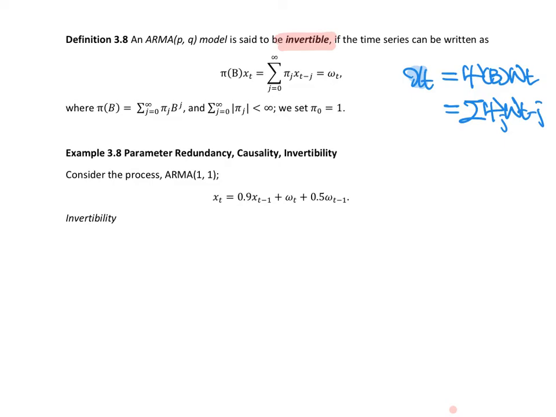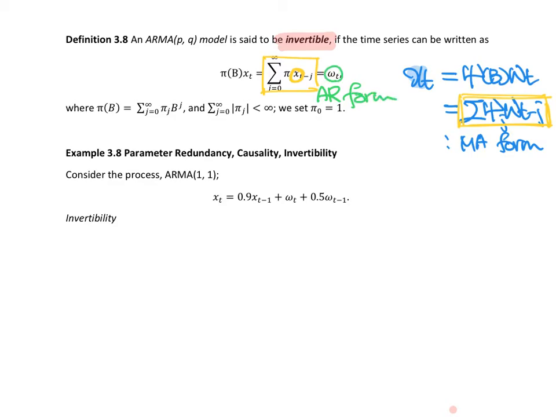So we describe it as the MA representation. It's an MA form because it is the infinite summation of the white noise. But the other way, we are going to take the infinite summation of the X's. So now we can describe it as the AR form, an AR representation.